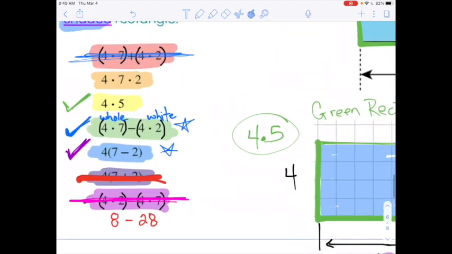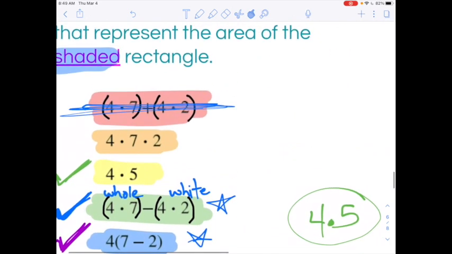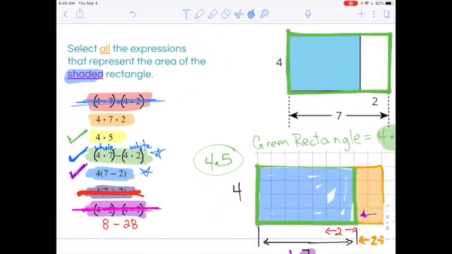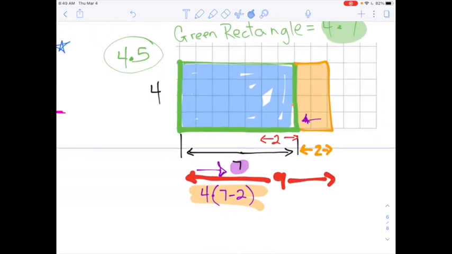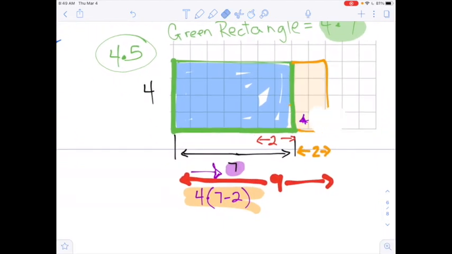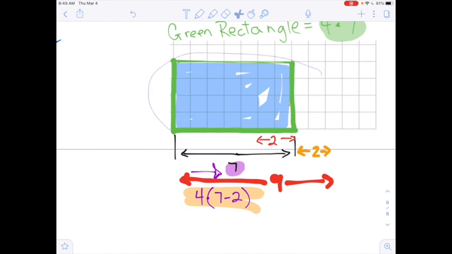And what about this one in orange? It says 4 times 7 times 2. All right. We already know what 4 times 7 looks like. 4 times 7 is that green rectangle. So if I was going to do 4 times 7, I'm going to get rid of some stuff here so we've really got space. Take that rectangle, copy it.